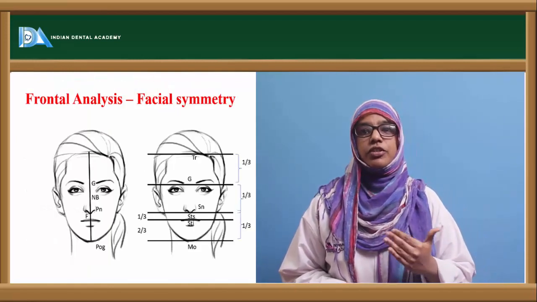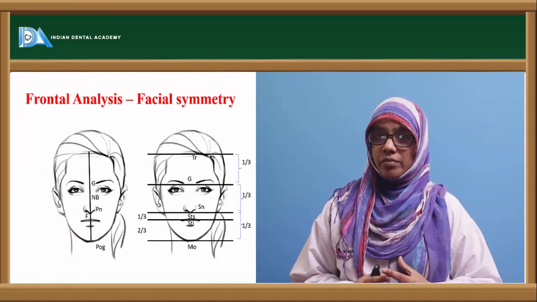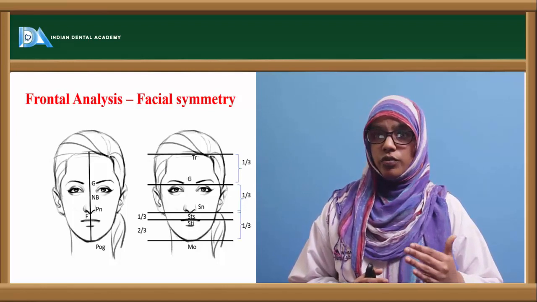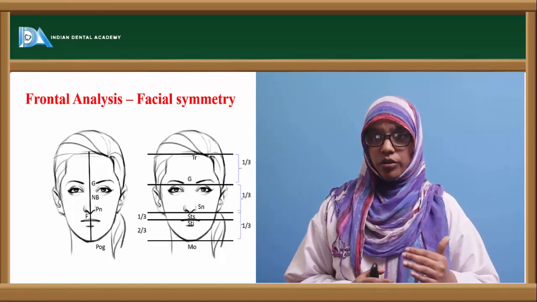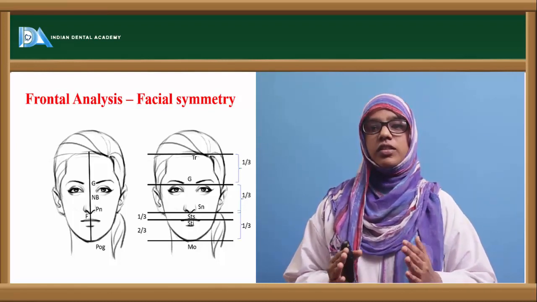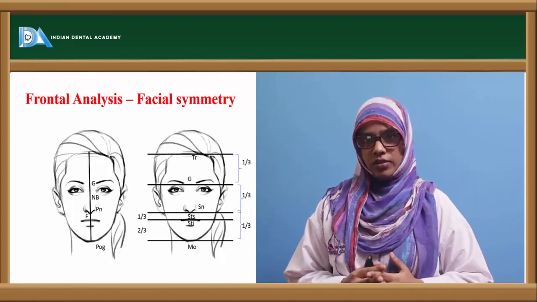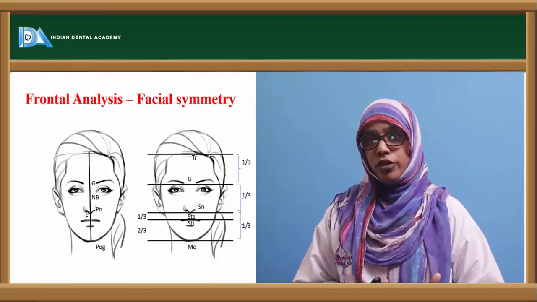Let's move on to facial asymmetry. To assess facial asymmetry, an imaginary line is made on the face starting from the soft tissue gnathion, then the nasal bone, the pronasale, the philtrum and the pogonion, and we check the symmetry of the face from one side to the other. At the same time, we also have to check the proportion of the face.